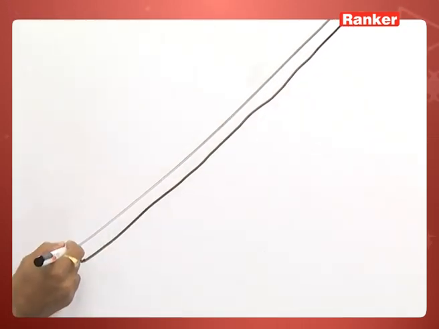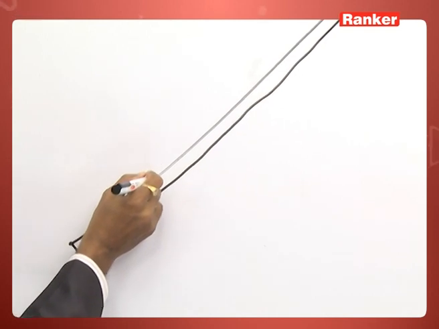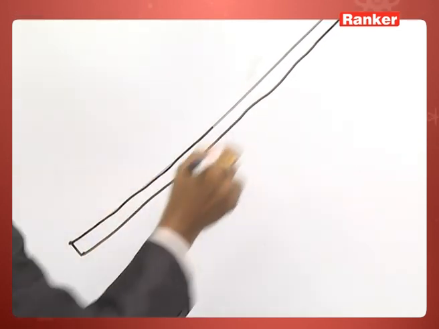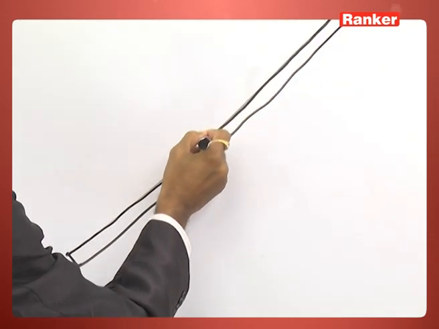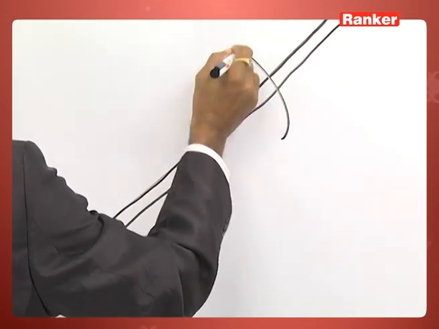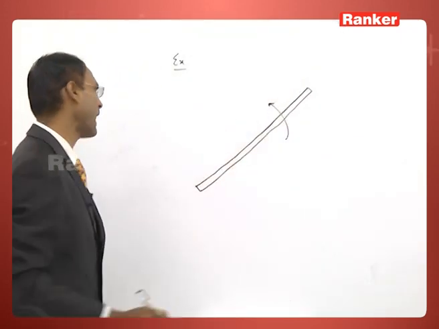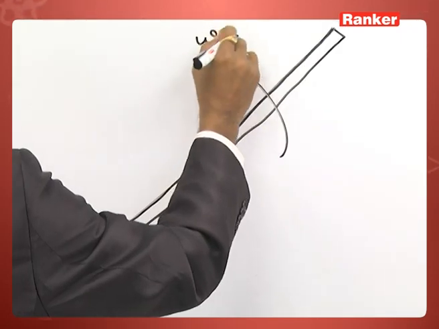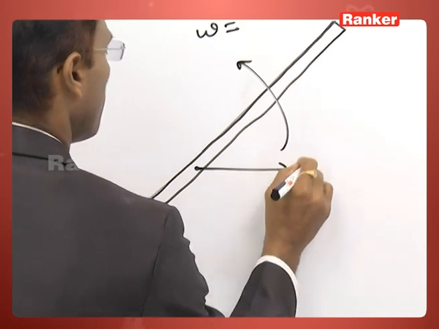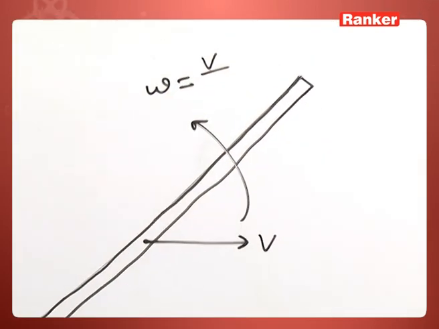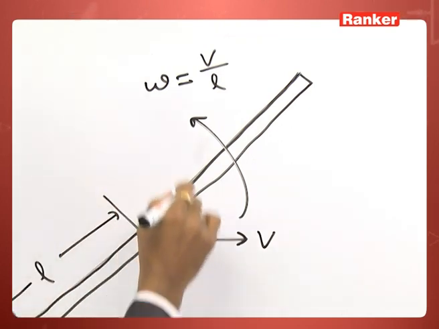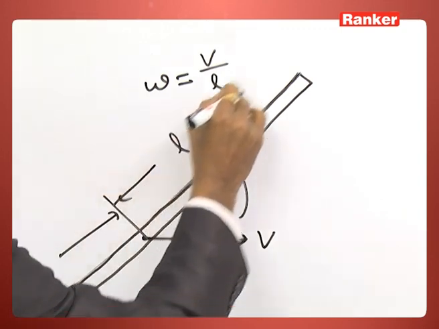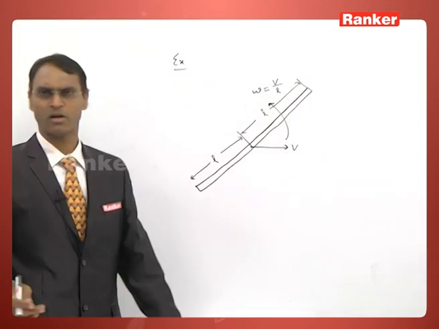This rod has an angular velocity omega equal to V by L. L is, say, half of the length of the rod.